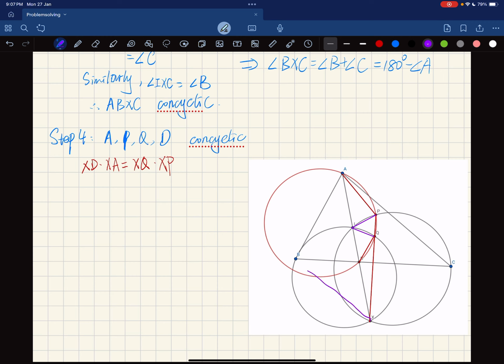Let me connect XB and XC here. So do you find that angle XIQ equals angle XBQ?